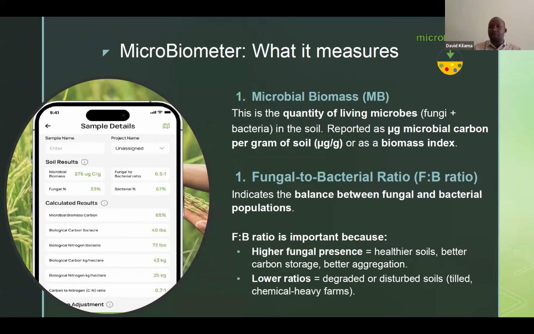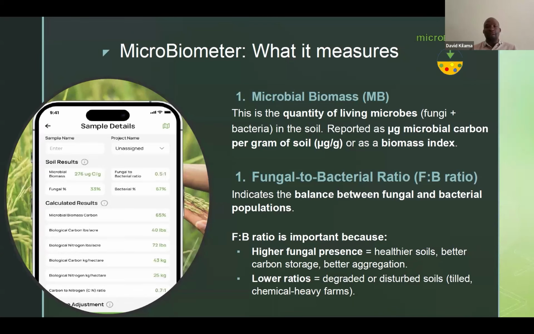Then it also helps you to figure out the fungal to bacterial ratio. It gives you directly what ratio of your soil sample contains bacteria and what contains fungi. So it indicates the balance between fungal and bacterial populations. The fungal ratio is important because the higher the fungal presence, the healthier the soil, and also the better the carbon storage and aggregation for productivity.